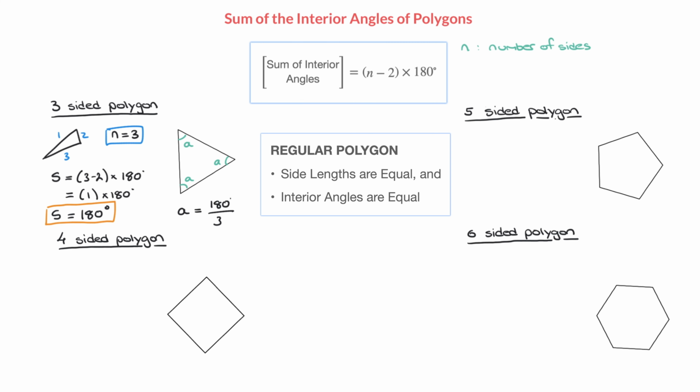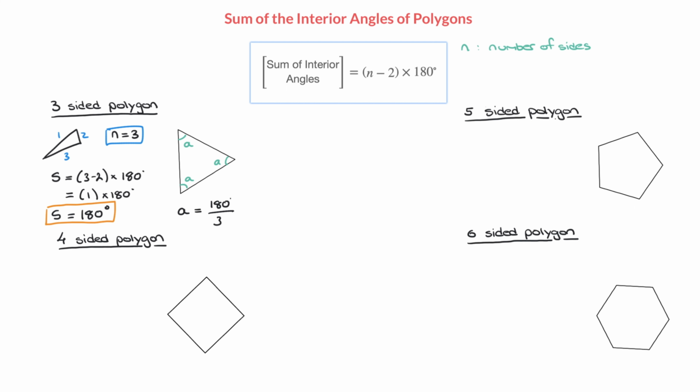So that's 3. And you can go ahead and check, but 180 divided by 3 is equal to 60 degrees. So the interior angles of a regular 3-sided polygon, in other words, the interior angles of an equilateral triangle, are all equal to 60 degrees.